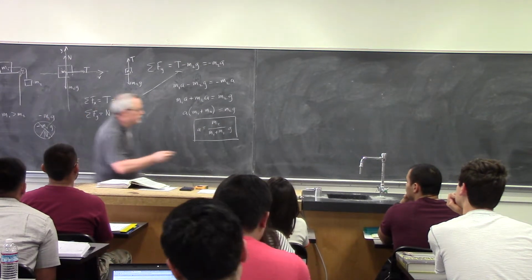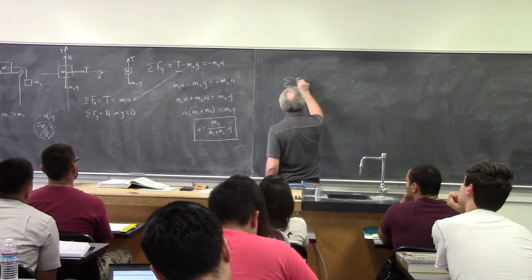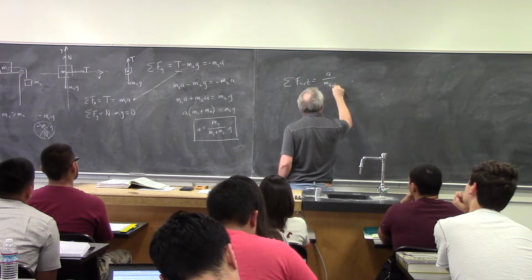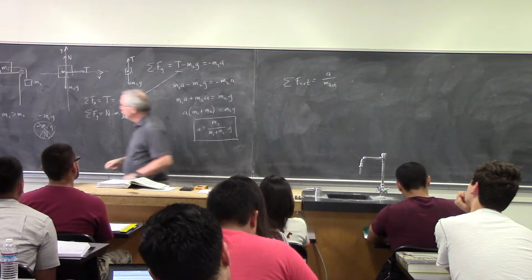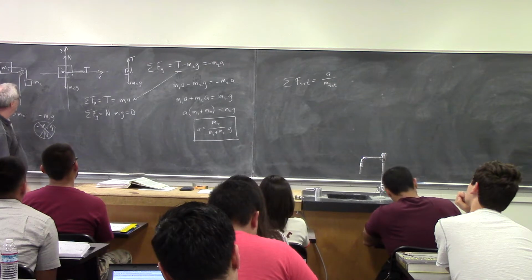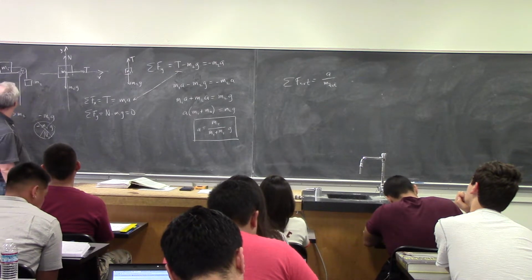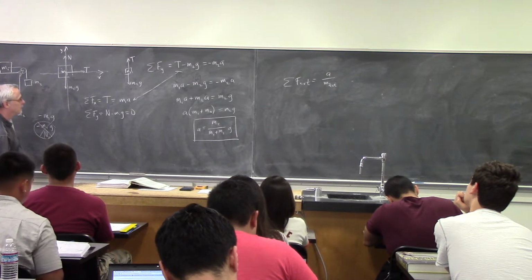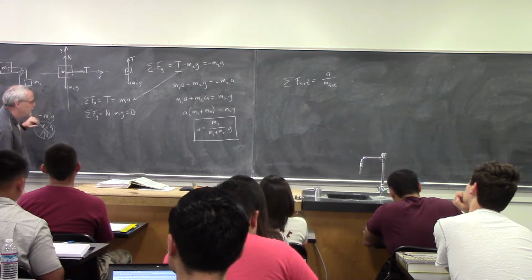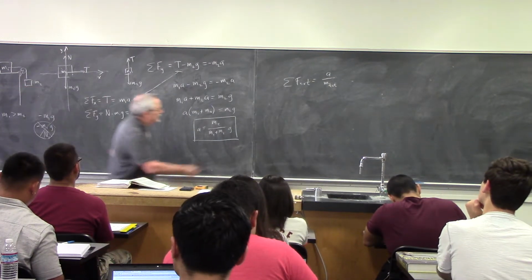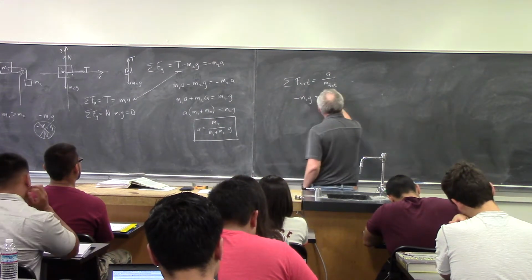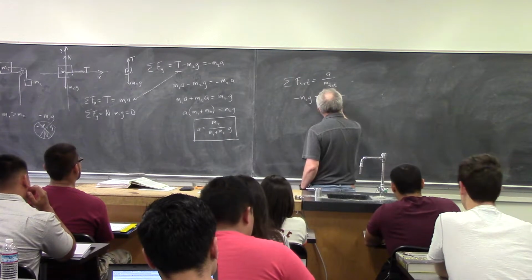The equation says the sum of all the external forces is equal to the total mass times the acceleration. Since that's the only thing, negative M2G is equal to negative a times M1 plus M2.